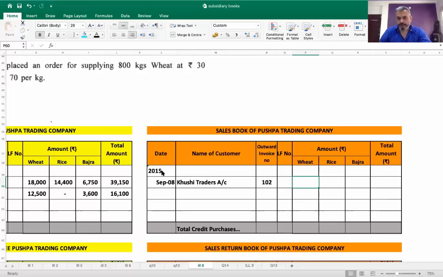So use calculator, 700 into 30 minus 10%, 18,900. Rice, 200 kg rice at 50 per kg, so that is 10,000 minus 10%, 9,000, and nothing in bajra. Do the totals, 27,900.